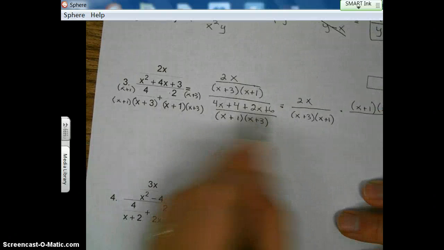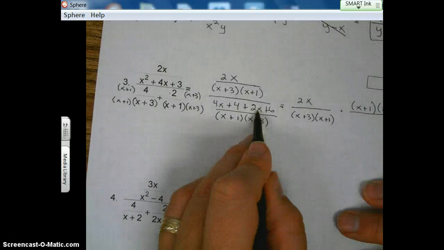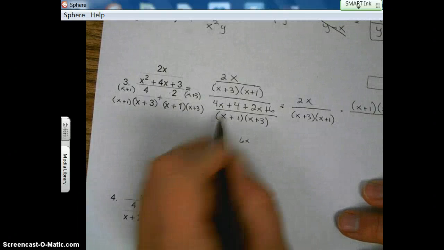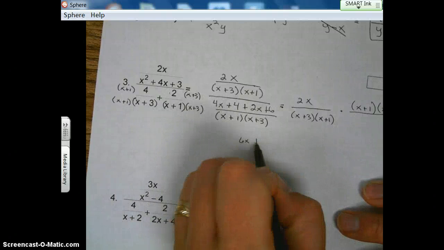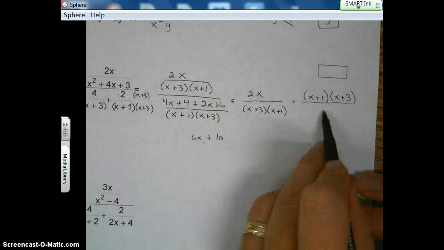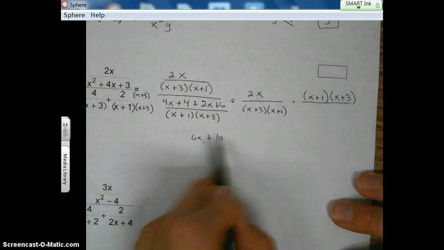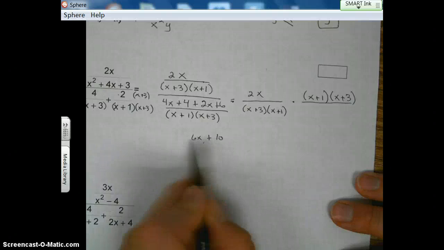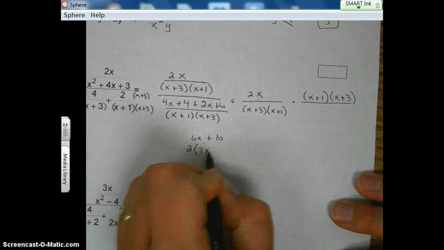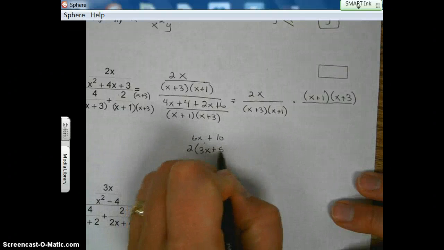Now I'm going to go ahead and combine like terms here. 4x and 2x is 6x. I'm just going to write it here. 4 plus 6 is 10. And before I write that here, I'm going to look at this and I'm going to factor out a 2. 2 goes into 6 3 times. 2 goes into 10 5 times.